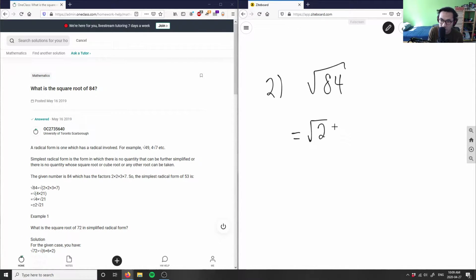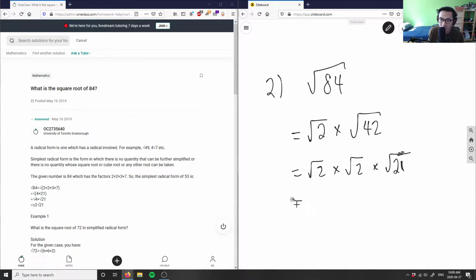I have root 2 times root of 84 divided by 2, which would equal root of 42, sorry, 42. Again, I can do the exact same thing, and instead of working with 84, I will work with 42 now, right? So I have root 2 again here. I'm going to take out another root 2 from 42, and then divide 42 by 2, which will give me root of 21 here.